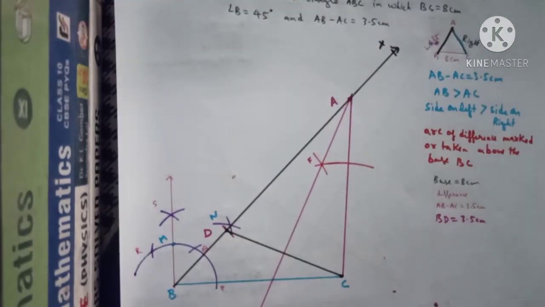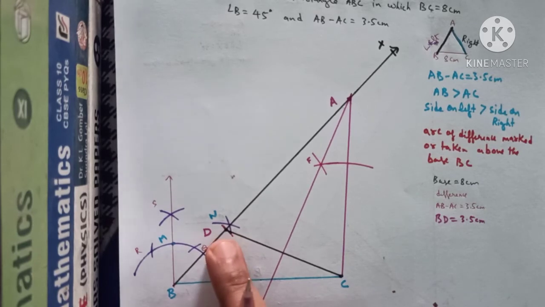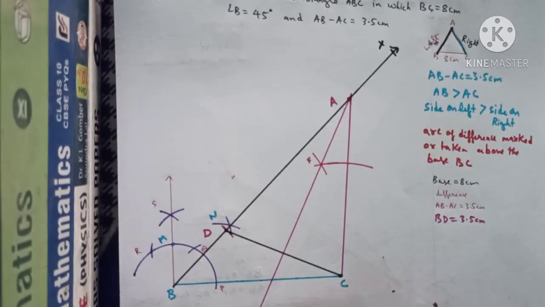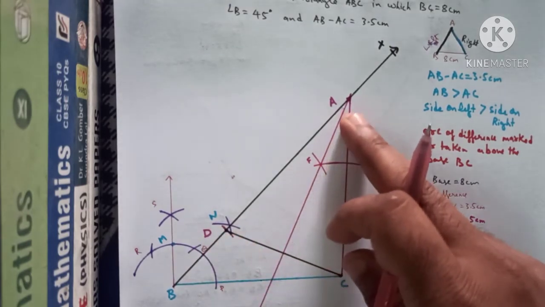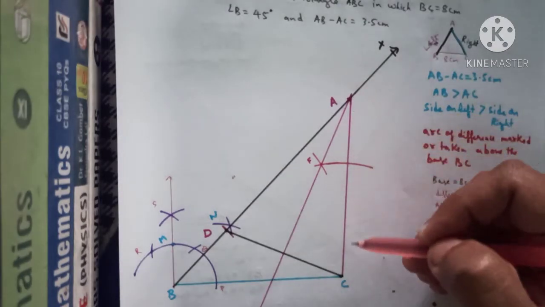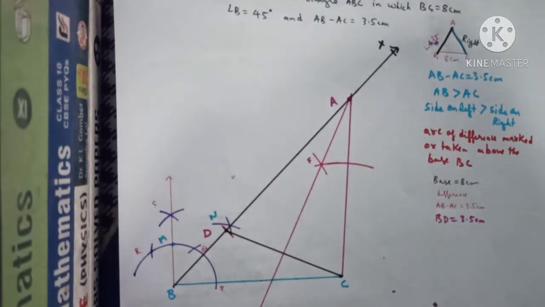So I've marked a point D. Then we join CD and we draw the perpendicular bisector of this CD, and we'll extend it such that it intersects the ray BX at a point A. We'll join A to C. Then ABC is the required triangle.